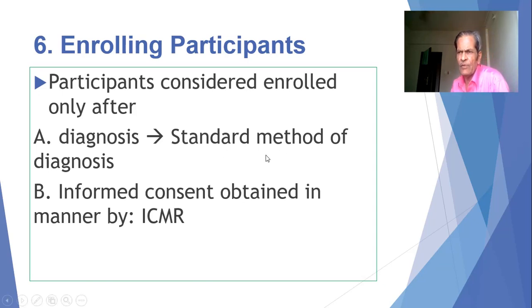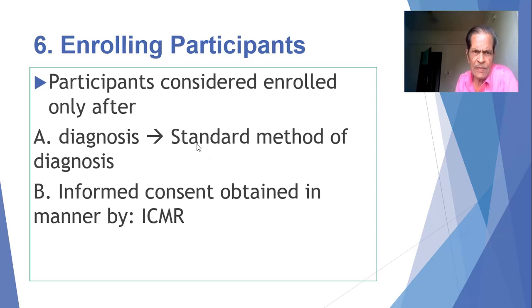For example, for typhoid patients, blood culture or stool culture may be the standard method of diagnosis considered for diagnosis of typhoid in a given case. The participant is considered enrolled only after informed consent is obtained from the participants in the manner prescribed by the Indian Council of Medical Research if the study is conducted in our country, that is India.